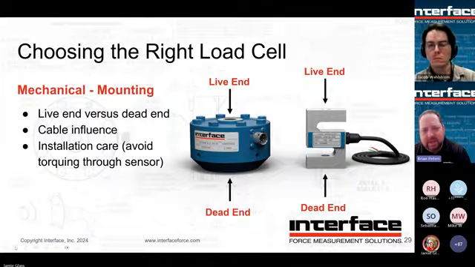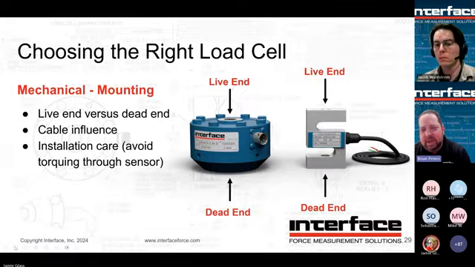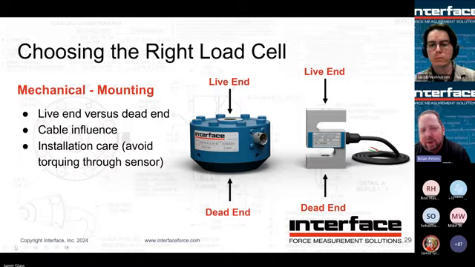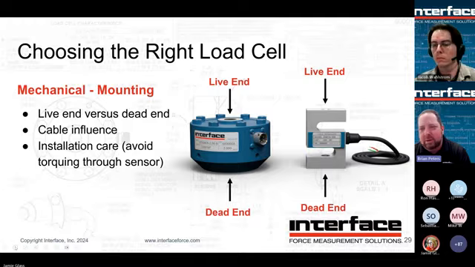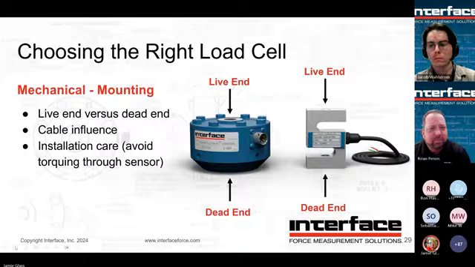The dead end, then the reaction loads all transfer through the outer ring down into the bottom of the base. And on the S cell on the right, again, the gauges are going to be behind that cover there, which we'll show. And so again, you want to make sure that you can't have any potential inertial influence from the cable if it's a dynamic test, or a parasitic load if you've got that cable strapped down and trying to load through on the dead end, essentially.